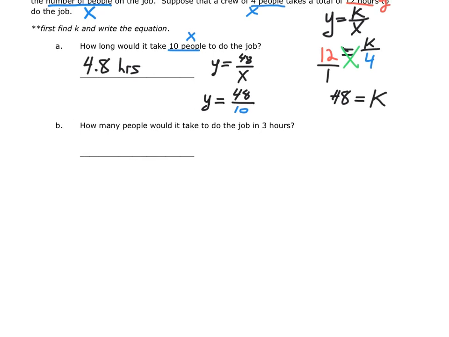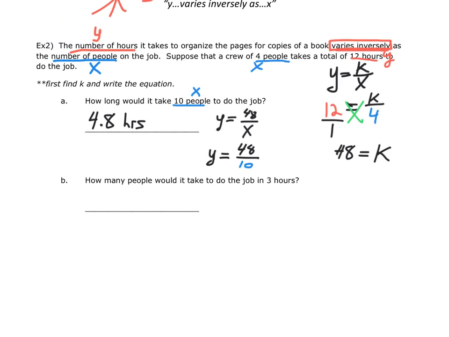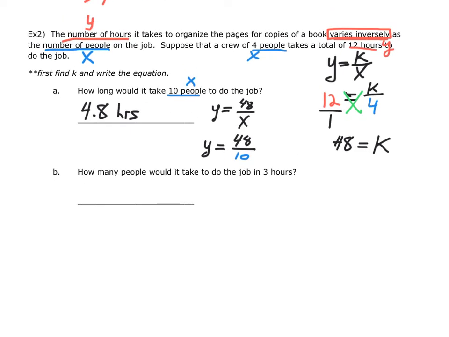All right, moving forward. How many people will it take to do the job in 3 hours? So same kind of question. We're still going to use our setup of inverse variation, but now we're given the hours, which is the y variable. So we're going to put 3 equals instead of y equals. The constant is constant, and we're going to find the x.